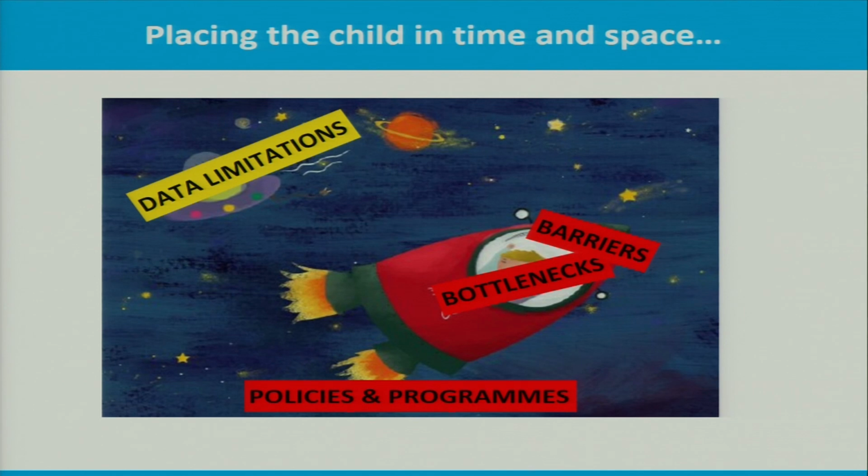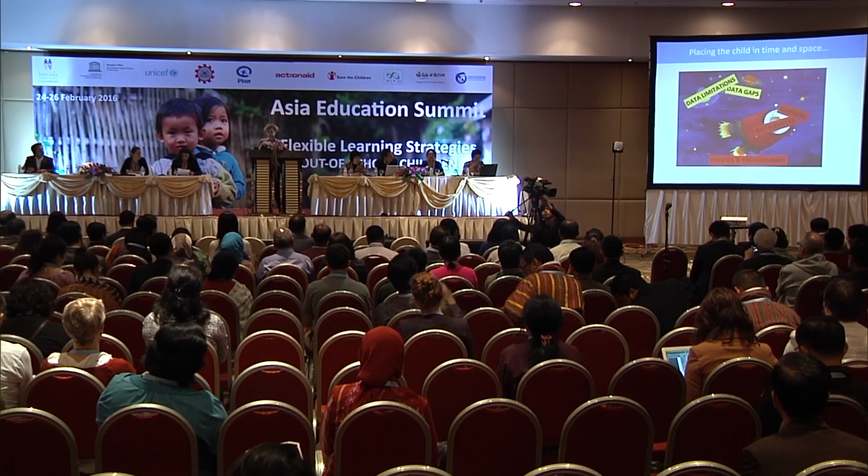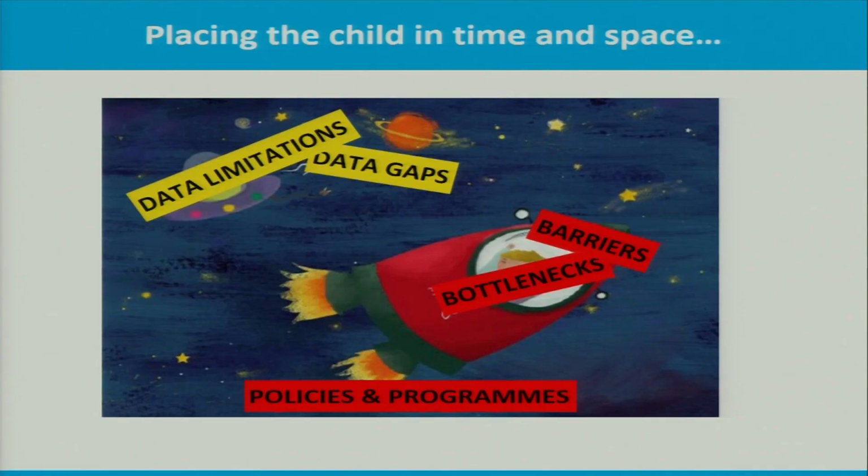Then, as I think everybody knows, there are always limitations, and that is also part of this exercise: to see what we don't have, to look at what we don't know, and also to look at the gaps within the existing monitoring system.